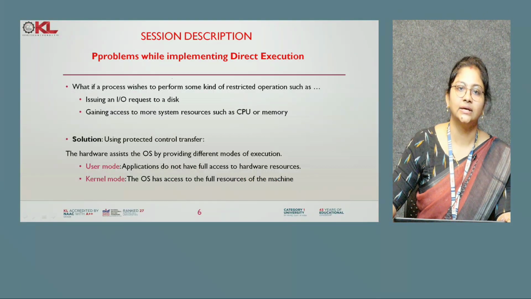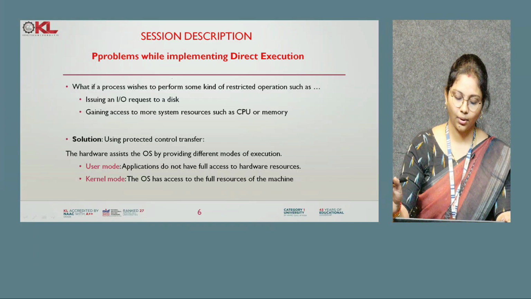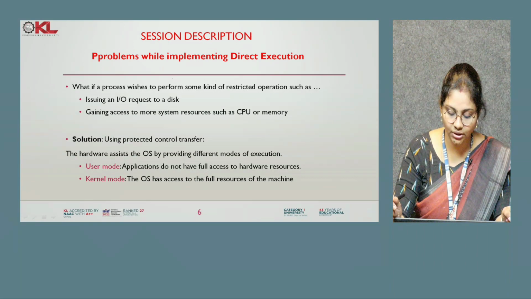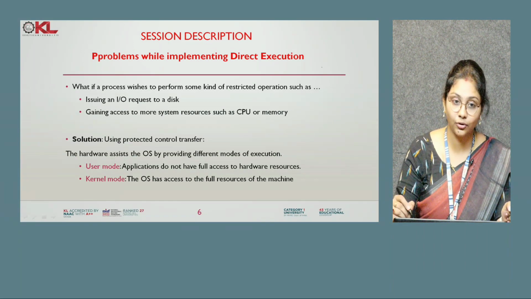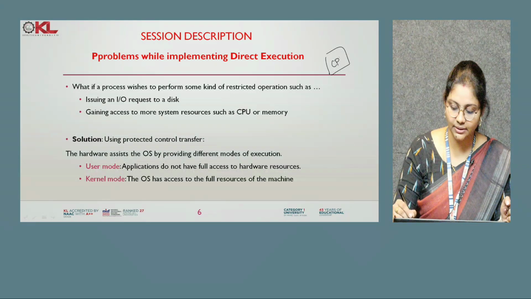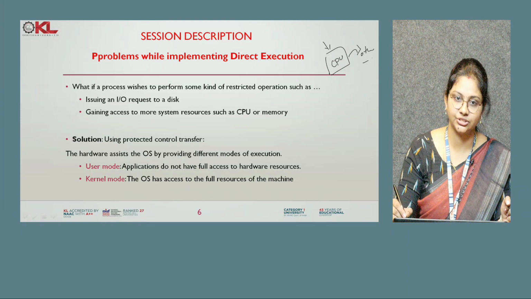And next, what exactly is the problem with implementing direct execution? As I told you, the process should follow some ethical rules. In the sense that if any process is executing on the CPU, it should not access any other process's information, right?